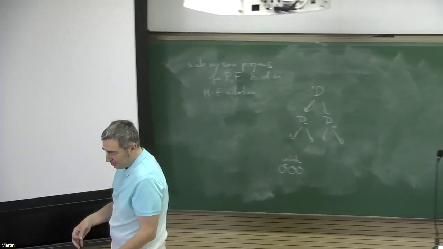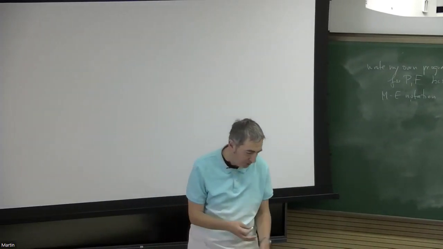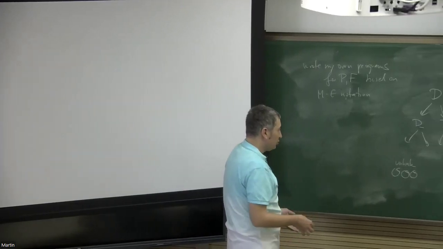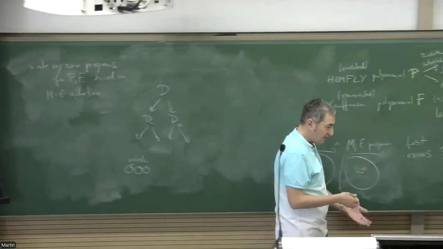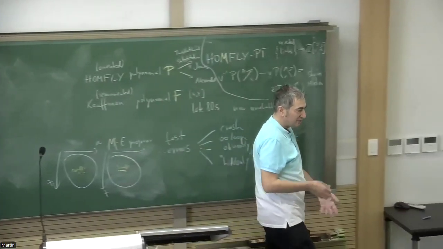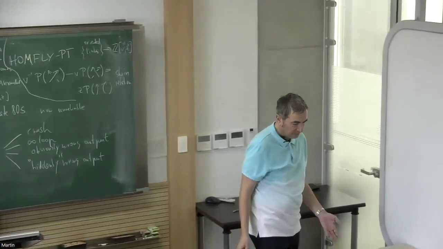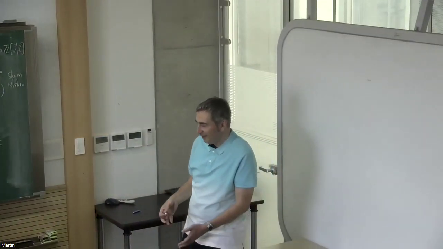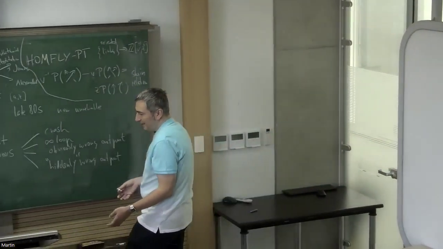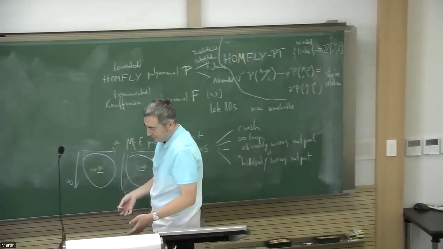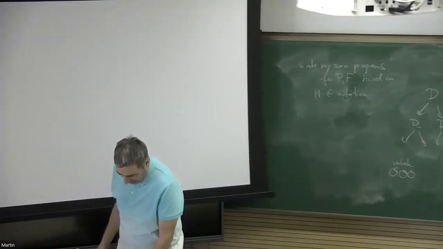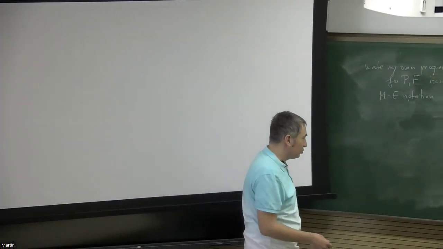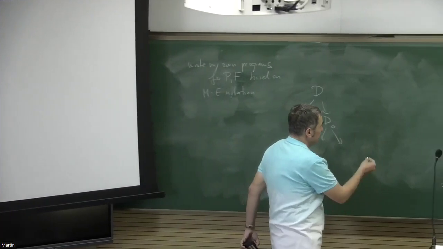So this notation is very sensitive with regard to changing orientation. Similarly, with regard to mirroring. You can very easily see that when you mirror a diagram, the notation changes completely. So this is why it is kind of safer to work with it, especially for links, than with the Dowker-Thistlethwaite notation.